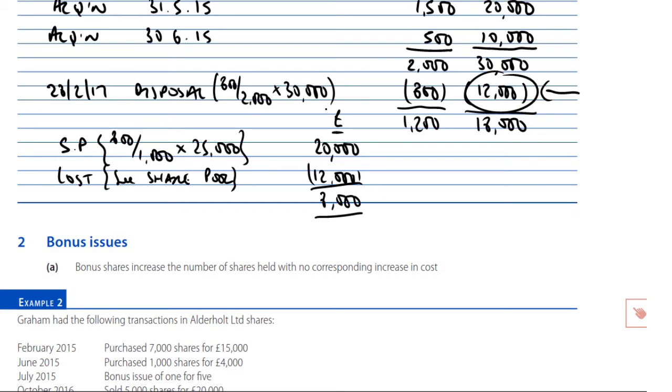So there's a gain of £9,000 in total to include within the CGT computation for our taxpayer for the 2016-17 tax year. Okay, if needs be, take a moment now to have a little look through the answer to that in the back. Make sure that you are okay with it. But otherwise, now we move on.